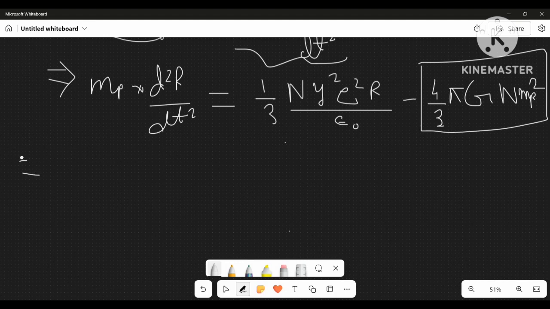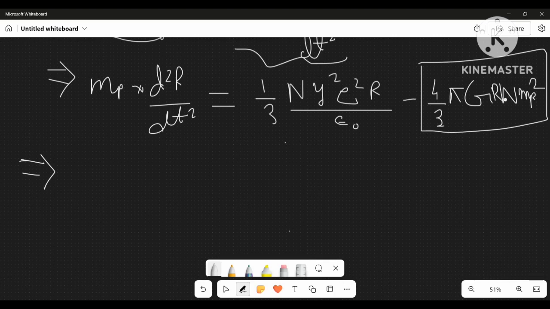Now here, if you solve this, basically you can take the r common from both sides. I hope there is an r appearing. Yeah, there is an r which I missed. r is there. So here the r was there.